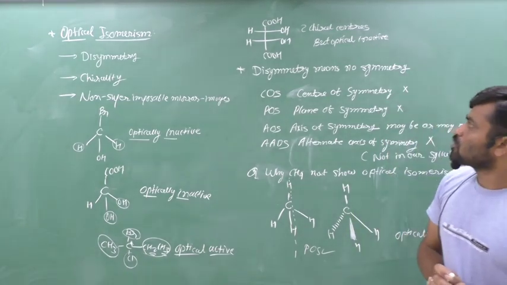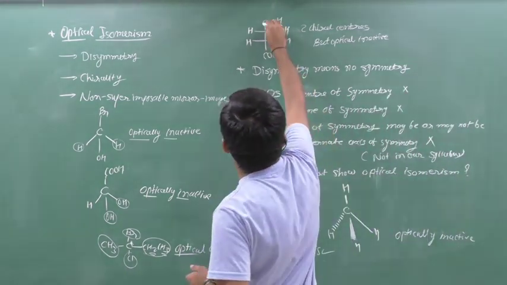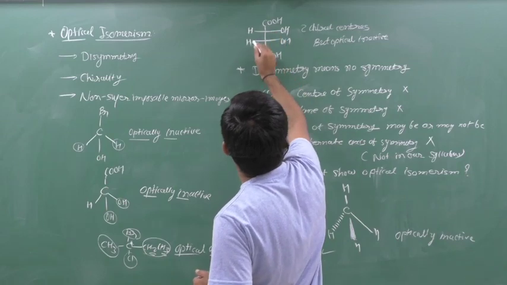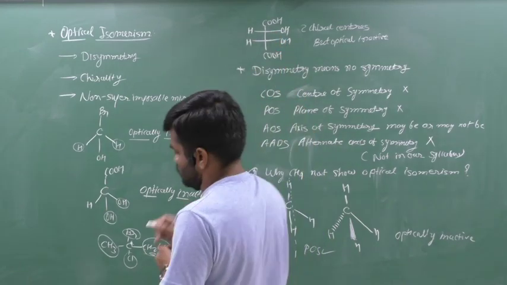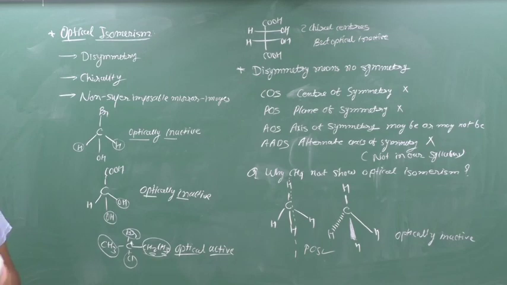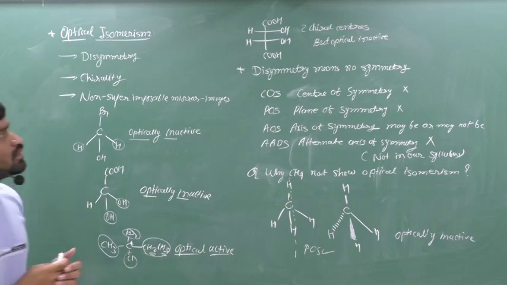Clear? Now suppose we have a compound like COOH, H, C, OH, H, C, OH and COOH. You know that this is a Fischer projection.